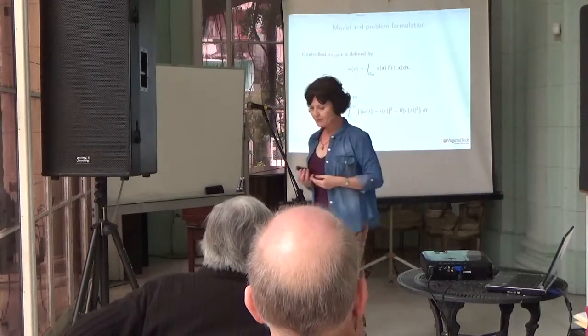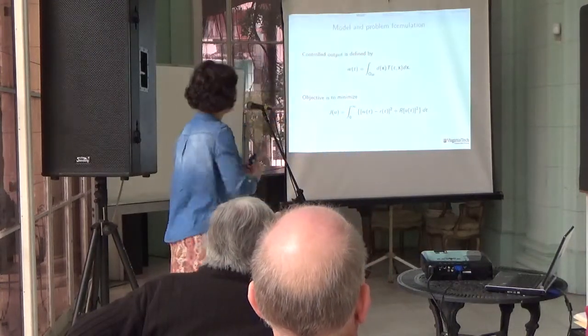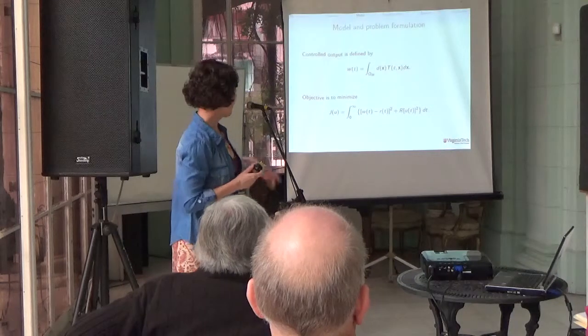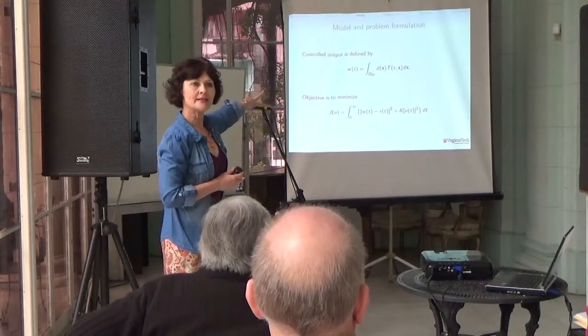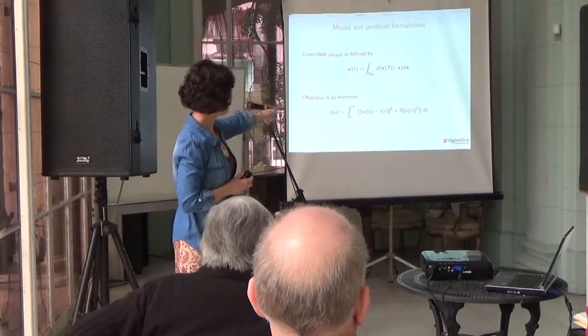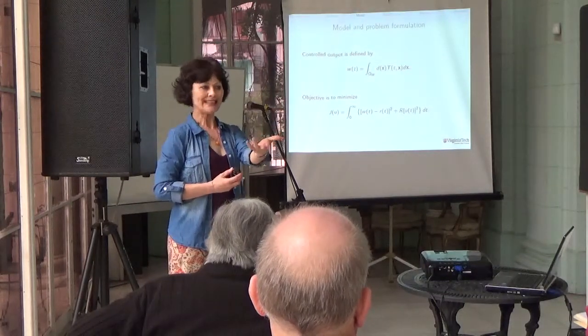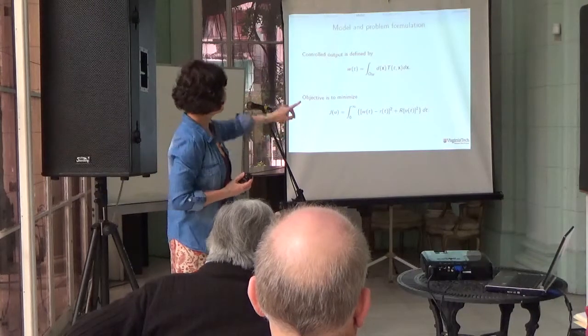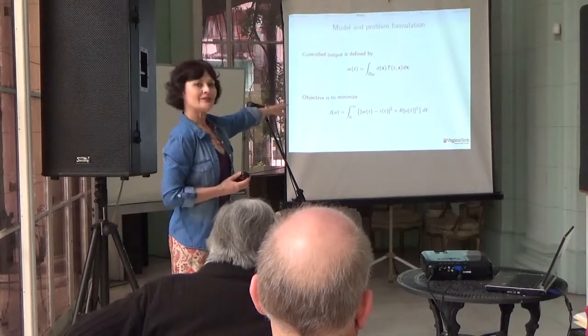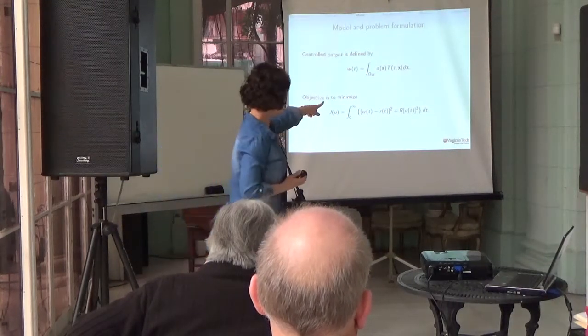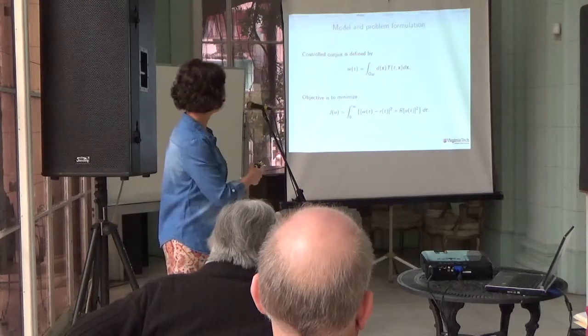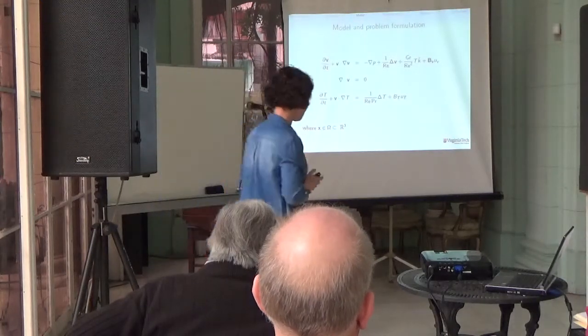So we want to minimize J, a quadratic cost function over an infinite time horizon. I integrate from 0 to infinity, making the difference between what we want the temperature to be and what it is as small as possible, using as little control as possible. So this U is control, and I did point it out very carefully when I looked at this model.